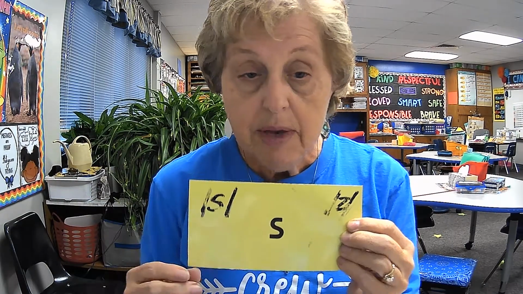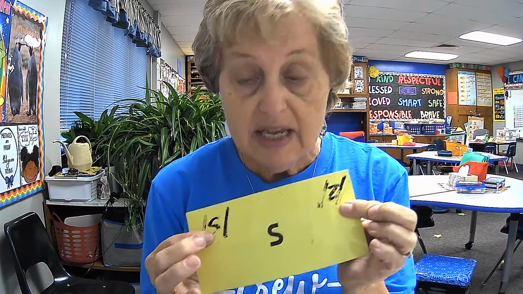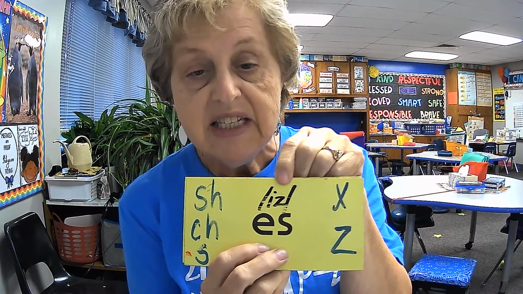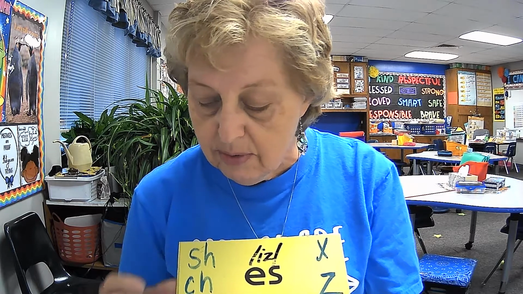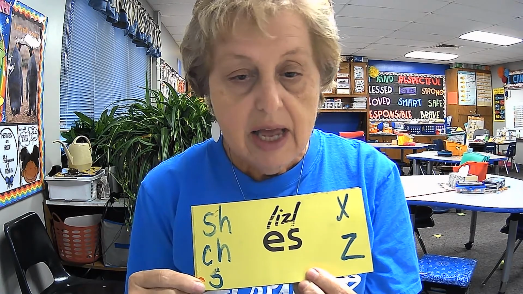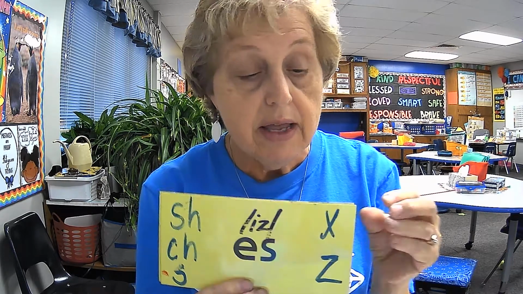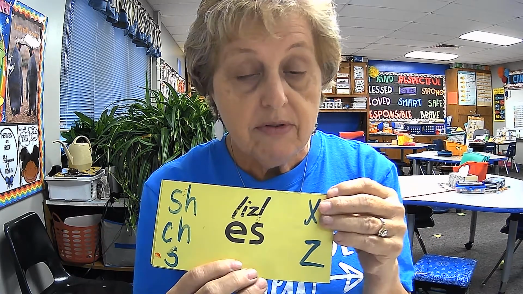Now, the suffix s can sometimes sound like s, and it can sometimes sound like z. The suffix es always sounds like is, and it's added to words that end with sh, ch, s, x, or z. If the last letter in the base word is one of those letters, you add es to make more than one.